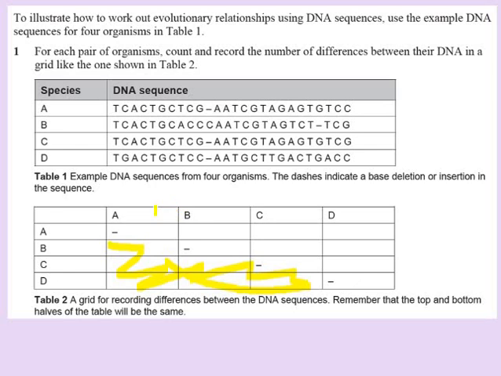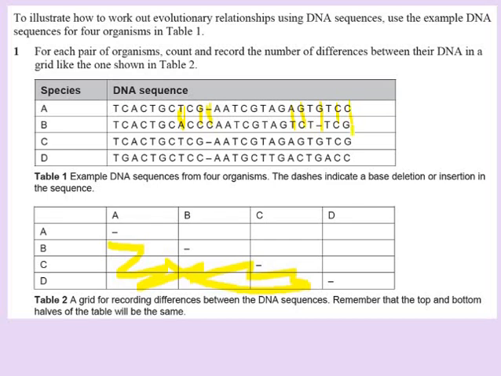So we're looking at A and B. So that's a similarity there. And we're looking for differences. So let's look for differences. Okay, that's a difference there. That's a difference there. That's a difference there. There's a missing base. There's a difference there, difference there, difference there.